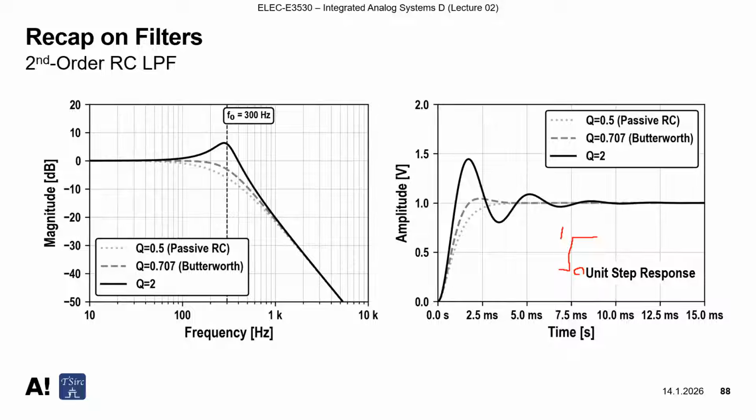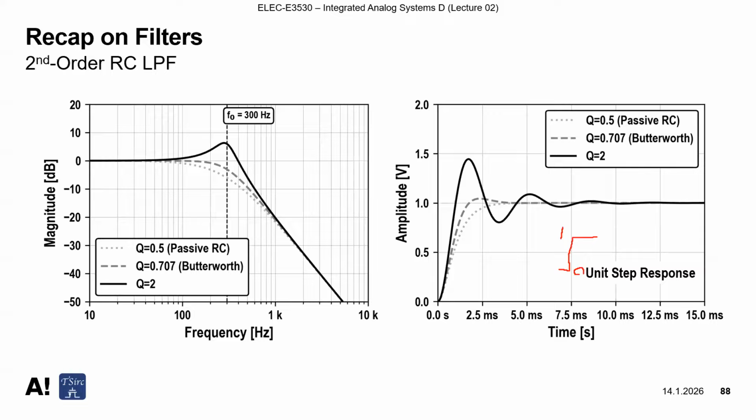Then we can see that the passive RC low pass filter has a Q factor equal to 0.5. And when we set the Q factor equal to 0.707, then you probably have run what is called a Butterworth filter. It has a different shape, standing up a little bit more in the frequency domain.